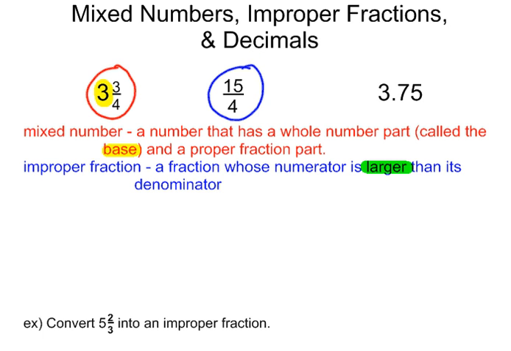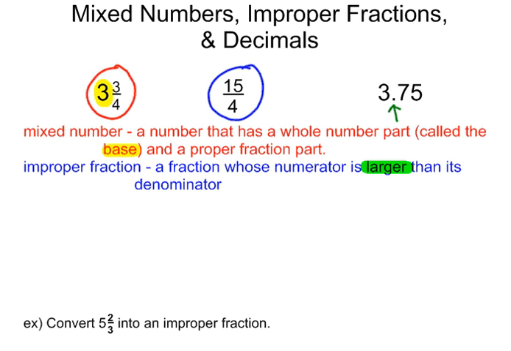Now the other number I have up here is our decimal number, and we didn't define that because we should be pretty good by now at figuring out that we've got a decimal point at this number. And all three of these numbers have something in common, and that would be that they have the same exact value. So even though they look completely different, they are the exact same value, and we're going to figure out today how to convert between these three.